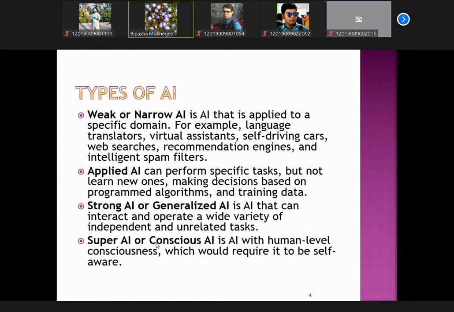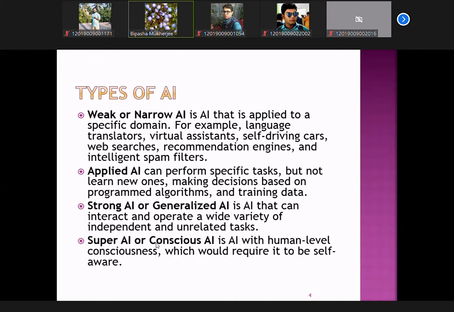Similarly, super AI or conscious AI is much more advanced. It means if you are not happy, the robot can observe, see, and think how you can become happy. Similarly, the robot also has some consciousness, so it can think, no, now I'm not happy, or I'm happy.